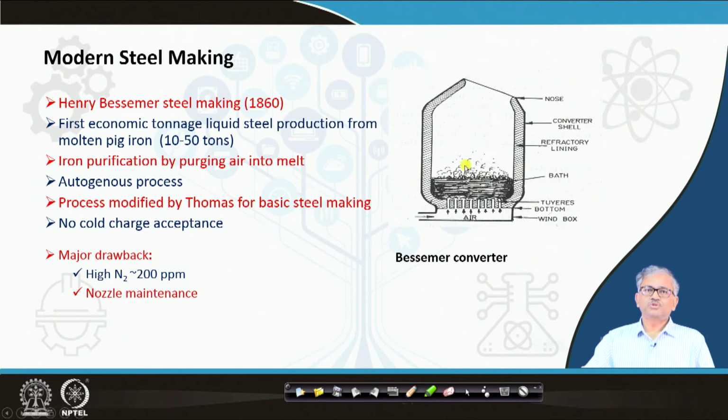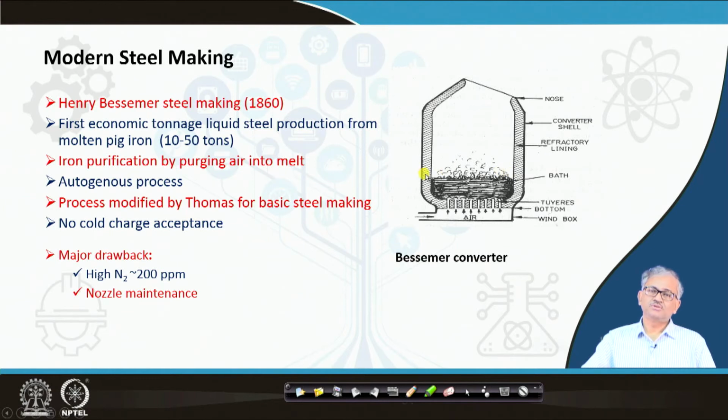But initially phosphorus removal was not possible, for the reason that you cannot remove phosphorus preferentially unless you make the slag basic. That is why Thomas modified this process for basic steel making: basically make the lining basic and also use lime, such that you can reduce the phosphorus content significantly. Before that, the Bessemer process was an acid process.